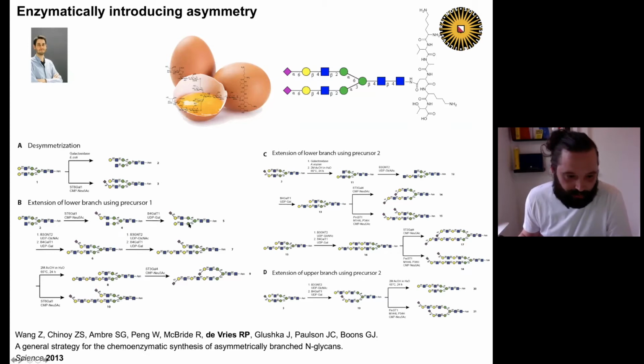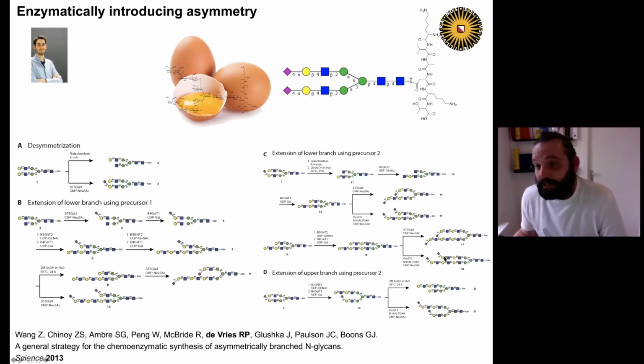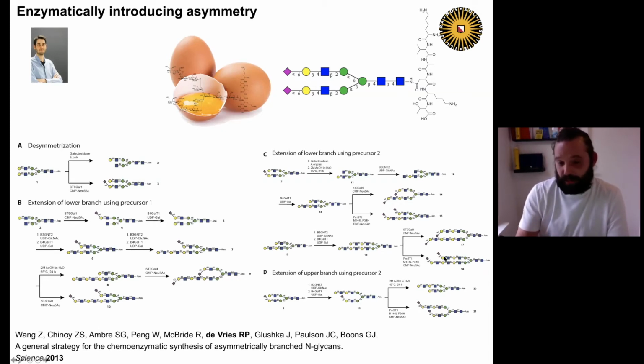You can start modifying the lower branch, remove sialic acids, add 2,3 linked sialic acids, or add another 2,6, etc. So we can actually make these N-glycans asymmetrically at will. And for example, here on the right-hand side, we can elongate the alpha-2,6 arm also at will. So we can make all these different N-glycans. And previously, we have already shown that by making these N-glycans chemically, we see differences in binding specificity of these different viruses.